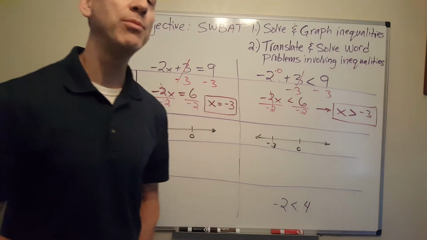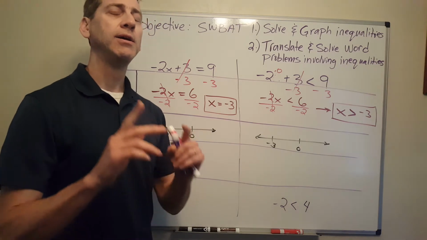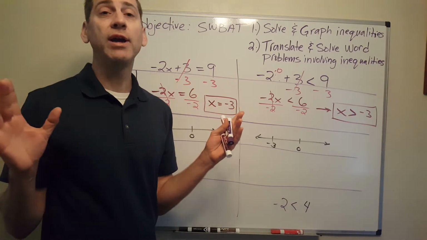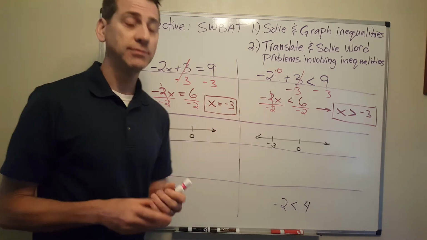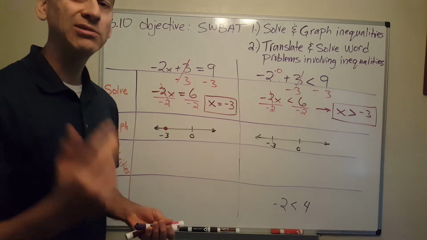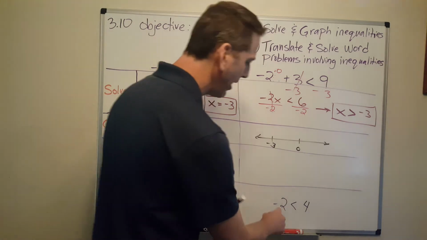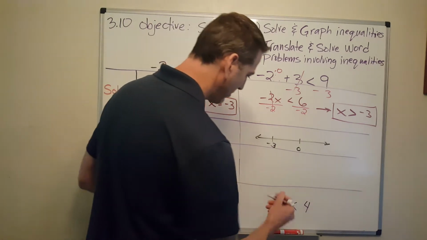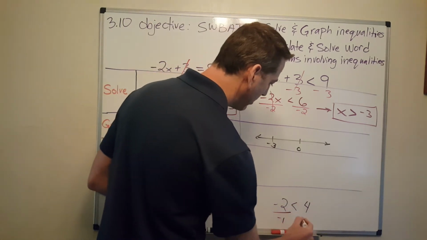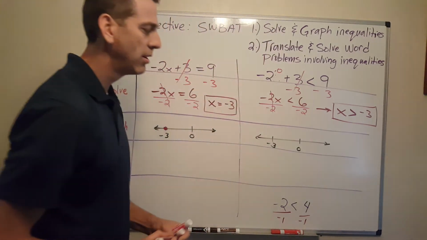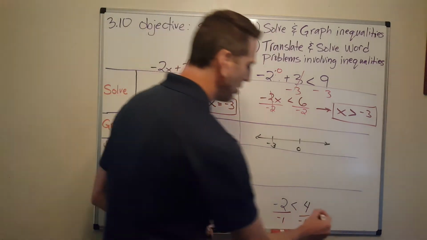Now watch what happens if I multiply or divide both sides by a negative. Let's divide. Well, if I divide both sides by a negative, let's just say negative 1, what do I end up with?